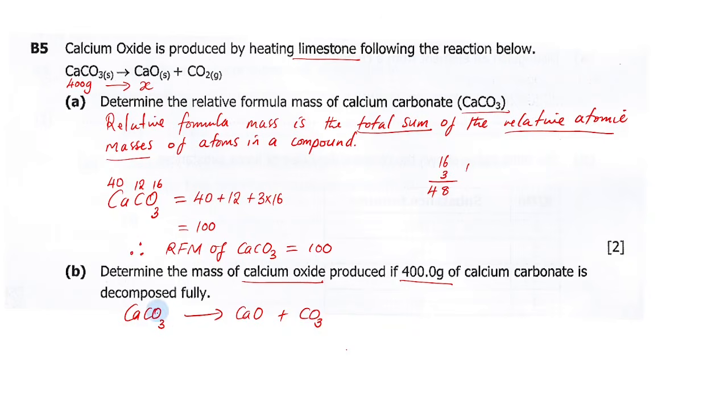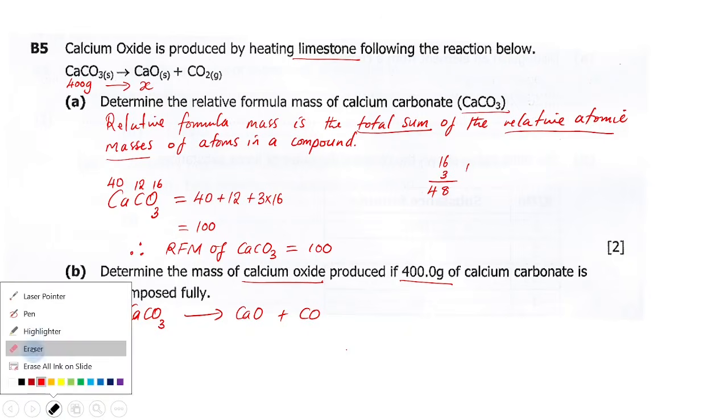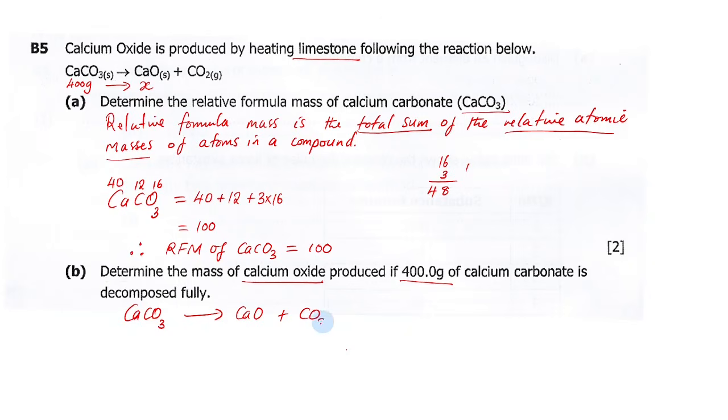Oxygen here there are 3. Oh, sorry, look at the way I've written carbon dioxide, it is supposed to be CO2. So oxygen there is this 1 plus this 2, which makes 3. So this equation is balanced already.